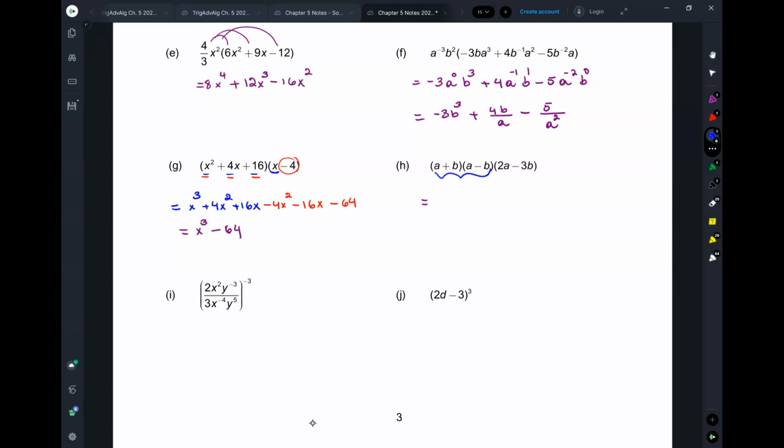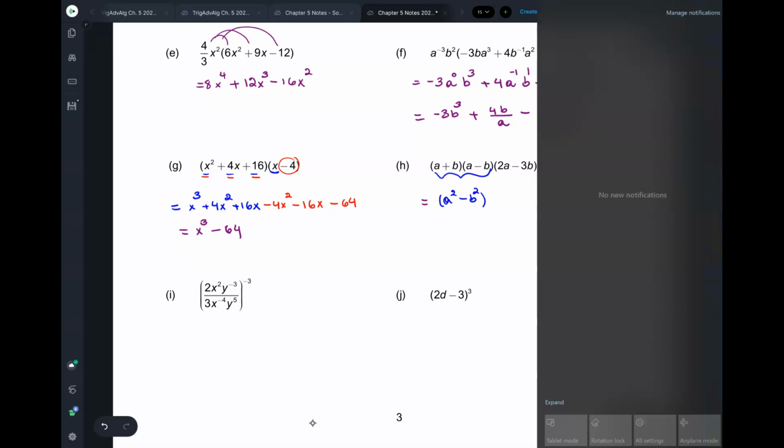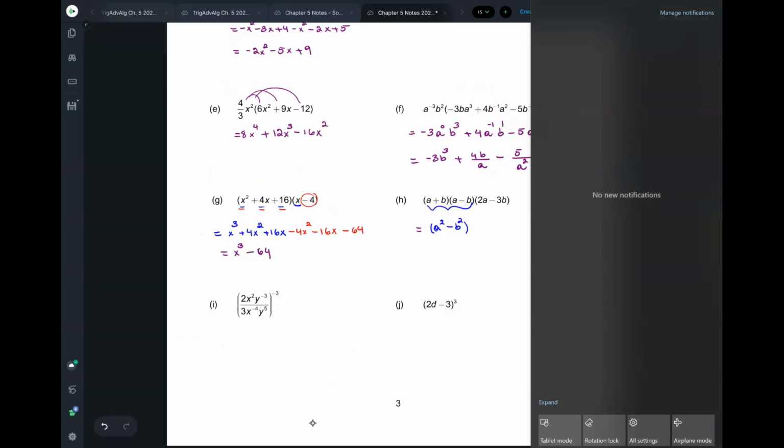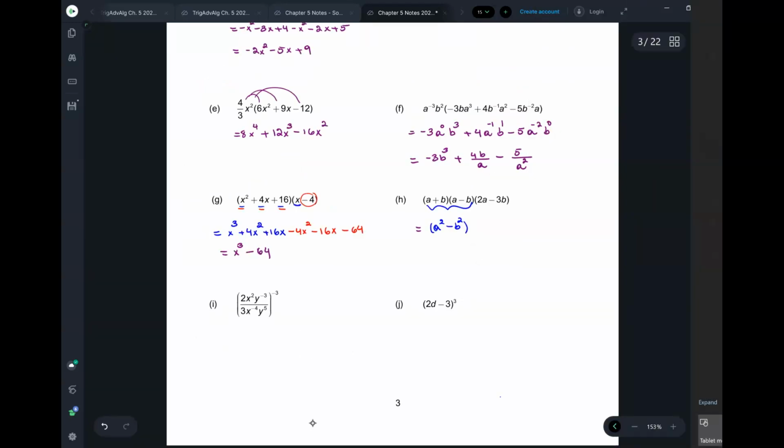So what's (a plus b)(a minus b)? Very quickly, a squared minus b squared. That's how quick it's got to be, right? And then distribute it to the other one. I'll give you guys a minute to do this.